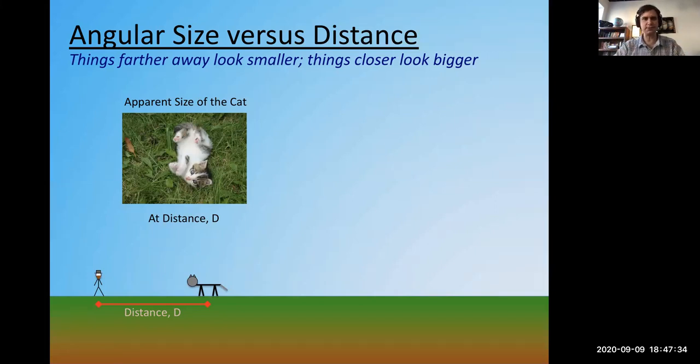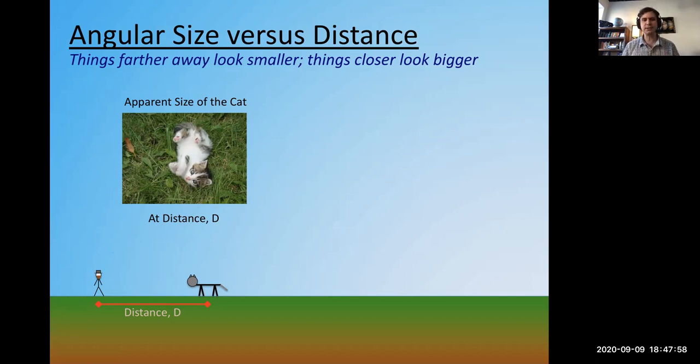Call it 10 meters. Here we have our person that's looking at the cat, and we'll just assume this is what the cat looks like when it's observed at a distance D. That's how big it appears. Maybe you could hold up your fist and it would be 10 degrees, although maybe you'd hold up your pinky and the cat is just 1 degree in angular size at that distance. It doesn't matter, it has some angular size at that distance.